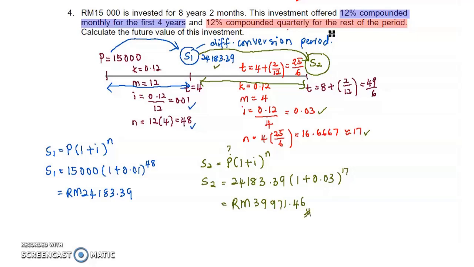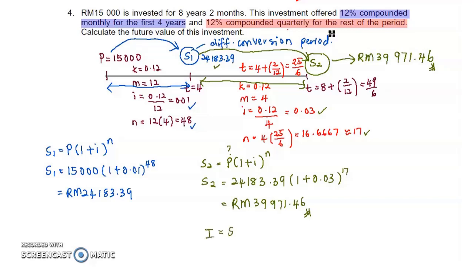So at the end of 8 years and 2 months, we have 39,971 ringgit 46 cents.